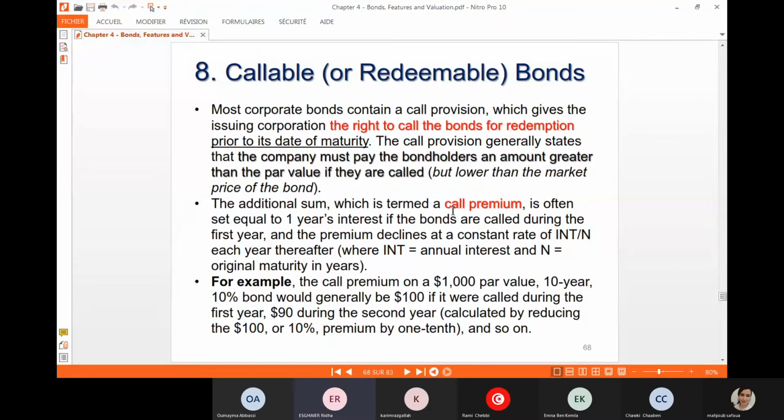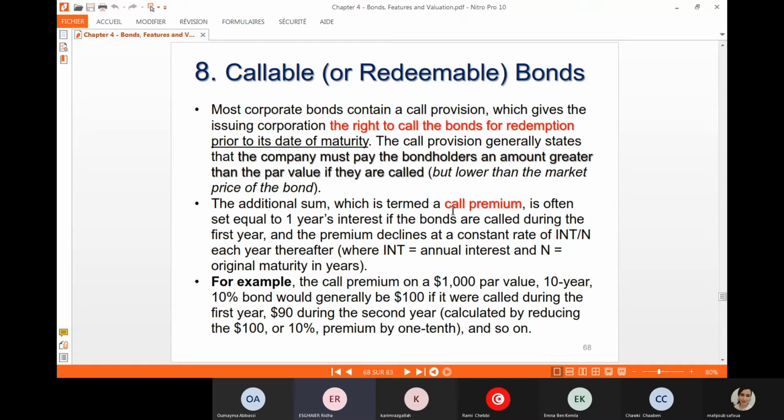So they say, we will sell you a bond with a maturity of 20 years with a coupon rate of 10%, but we have the right to buy back the bond from you, to call the bond, to reimburse the bond prior to its maturity date.